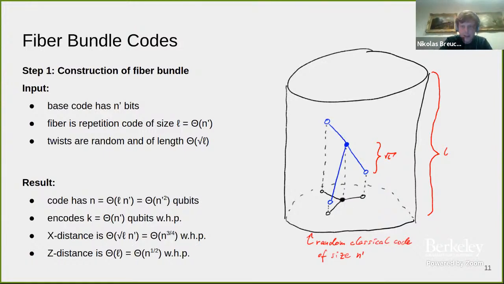So in black, I show what the local structure is in the base code, and then in blue is what it looks like in the fiber bundle. So you can see that what used to be nearest neighbors in the base code now are far apart in the fiber bundle, and this is exactly this twist of length square root of L. So in the product we stretch out things which used to be local in the base code, and we stretch them out all over the fiber.